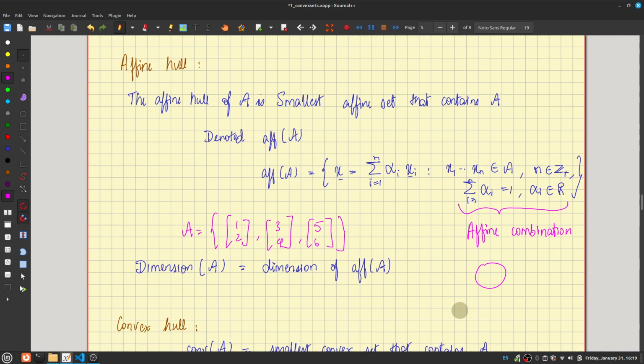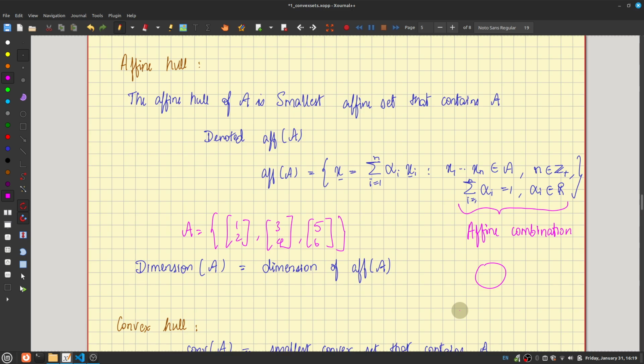But if they're not collinear, then the affine dimension would be 2. And if you take 4 points, it could be 1, it could be 2, it could be 3.